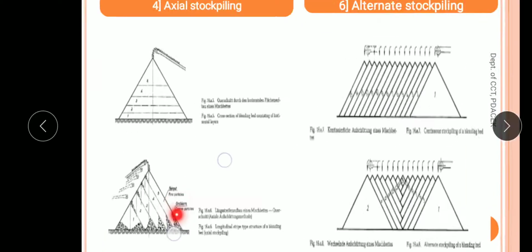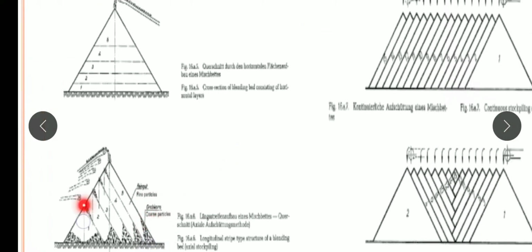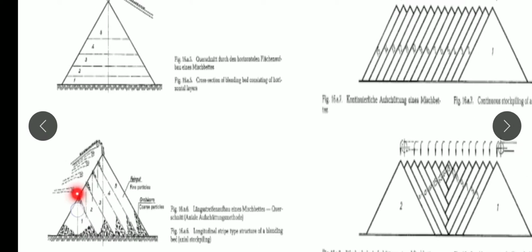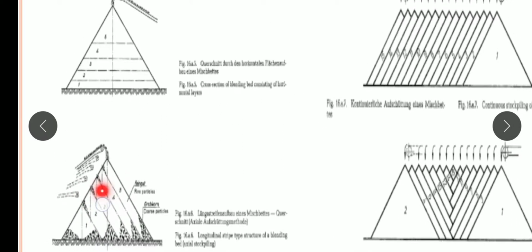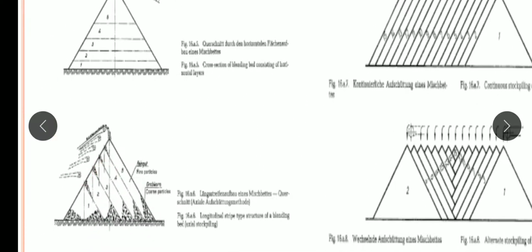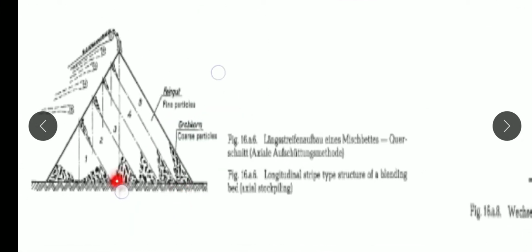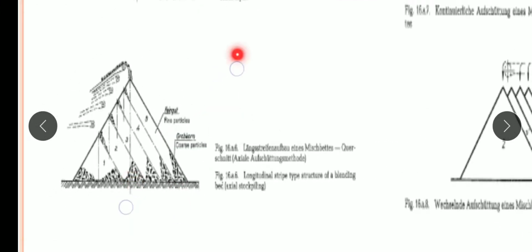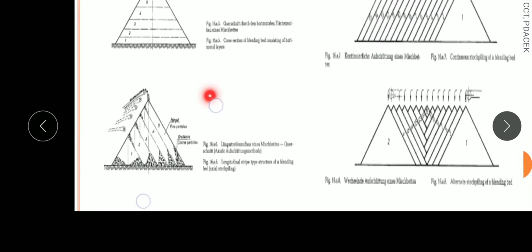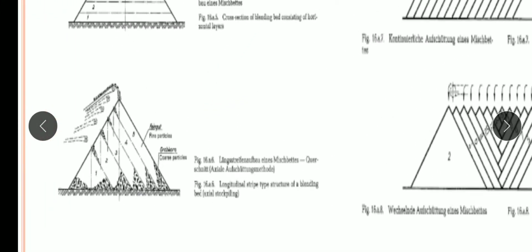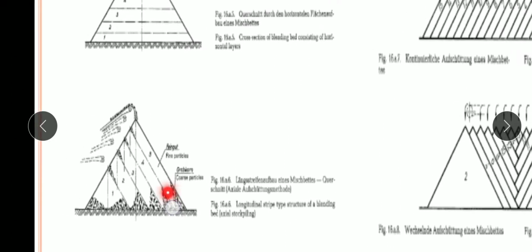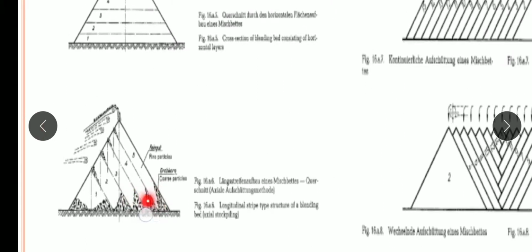Then you have the axial stockpile. You make one pile, then later another one, third, fourth, fifth, like this. The diagram is self-explanatory actually, but you can see here the coarse particles are segregating at the sides.